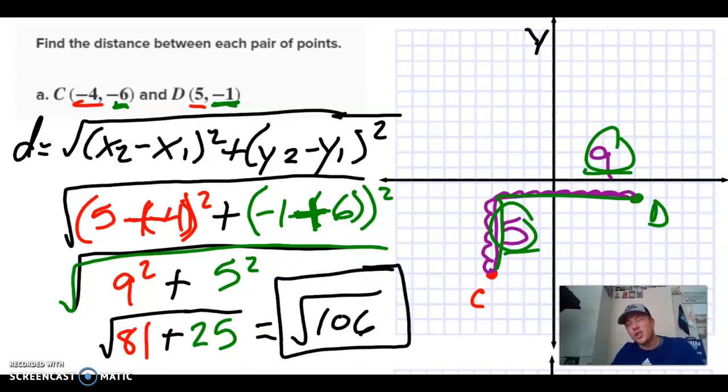I'm pretty sure Alex or our textbook will accept this as a final answer. If that changes, we'll let you guys know in class, or let you know before you get working on that assignment. But if it's not a perfect square, you can't simplify that any further, that should be fine for a final answer. Again, I will let you know, or Mrs. Ekholm will let you know if that's not going to be the case.